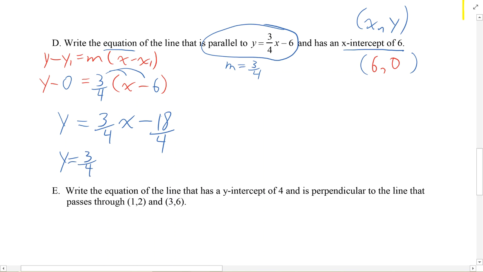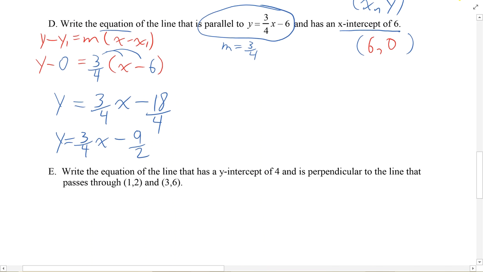Divide them both by 2 for sure, 9 over 2. Okay, do not give me a decimal, don't want it. Fractions are good. Any questions? This one was unique because the x-intercept has that 0 value. All right. Okay, read the next question.